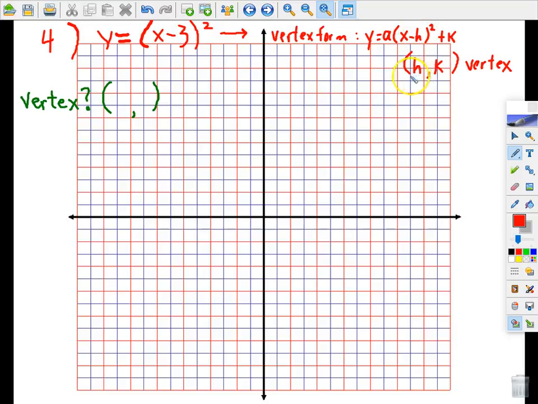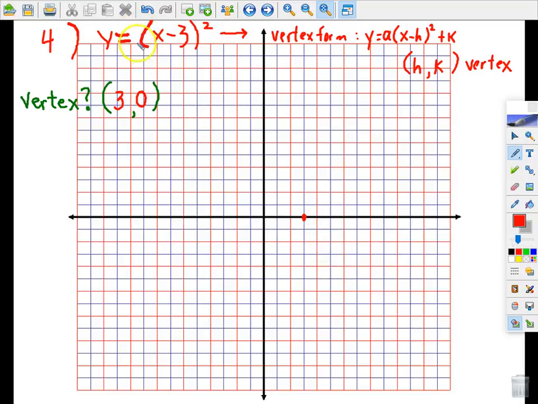The h number is the x-coordinate, so applying that to this problem, the x-coordinate of the vertex will be 3. The y-coordinate comes from a number outside the parentheses, either added or subtracted, and since there is no number, then it's just 0. So the vertex of this parabola is going to be the point 3, 0.